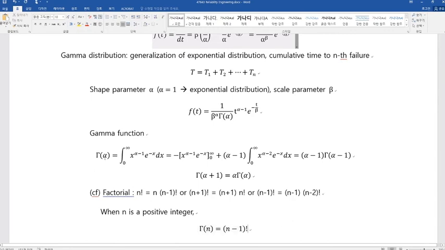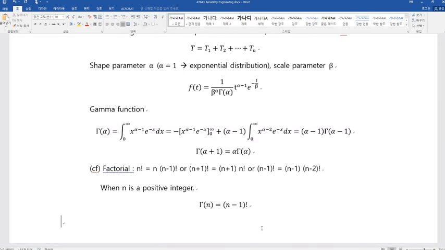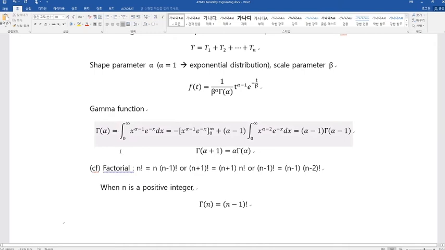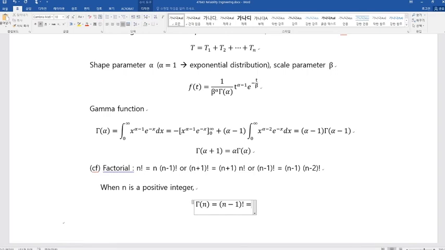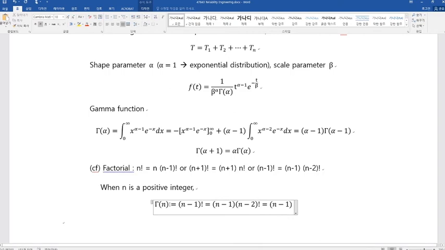Let's think about this. The gamma function of n would be the same as n minus 1 times n minus 2 factorial, which is the same as n minus 1 times gamma function of n minus 1.